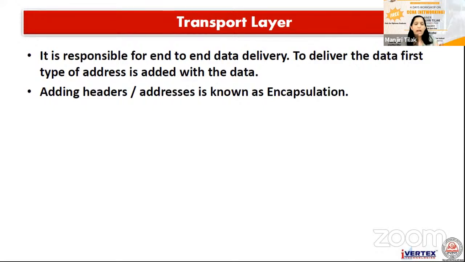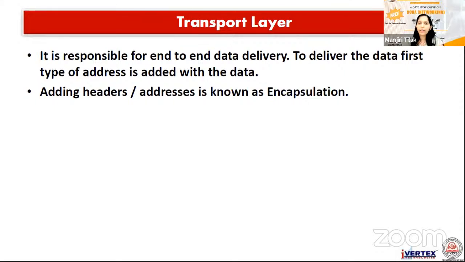Now, remember, the application layer, presentation layer, or session layer is not going to add anything with the data, right? So on all these 3 layers, your data will be known as data only.